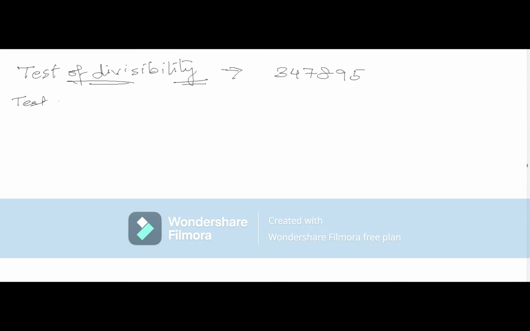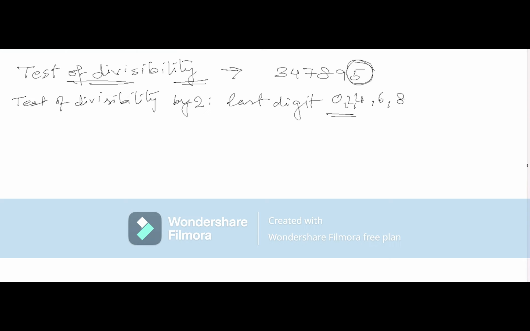Test of divisibility by 2. If a number has to be divisible by 2, the last digit, that is the digit in the ones place, has to be 0, 2, 4, 6, 8.